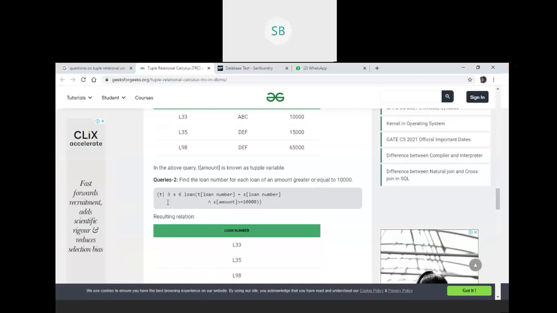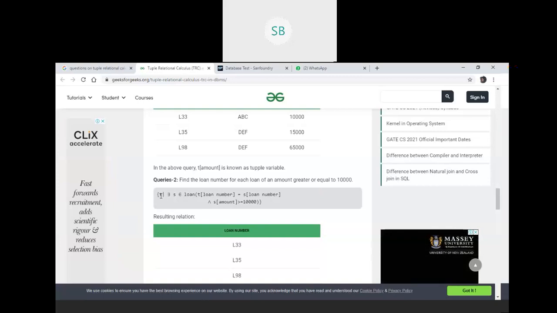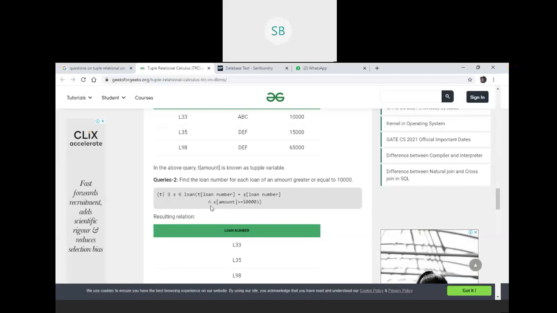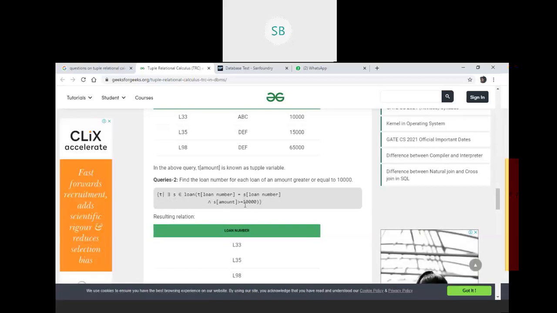Here also we have a variable t and there exists a variable s that belongs to loan, of t loan number, t dot loan number equal to s dot loan number and s dot amount greater than or equal to 10,000.